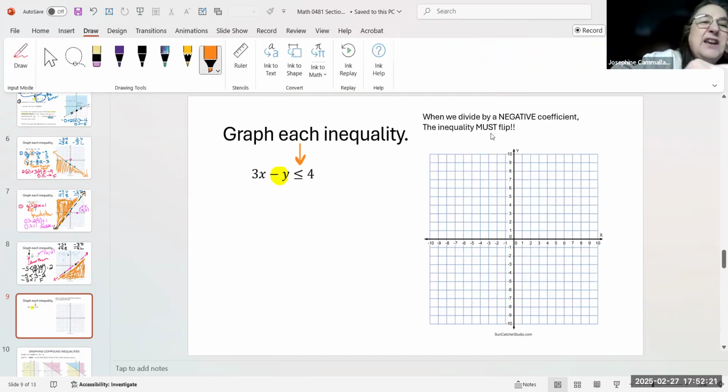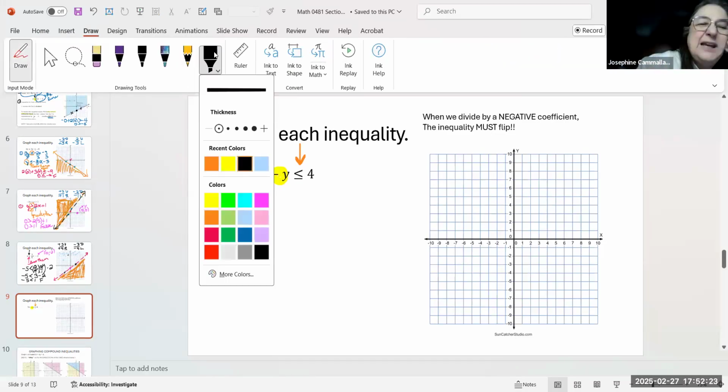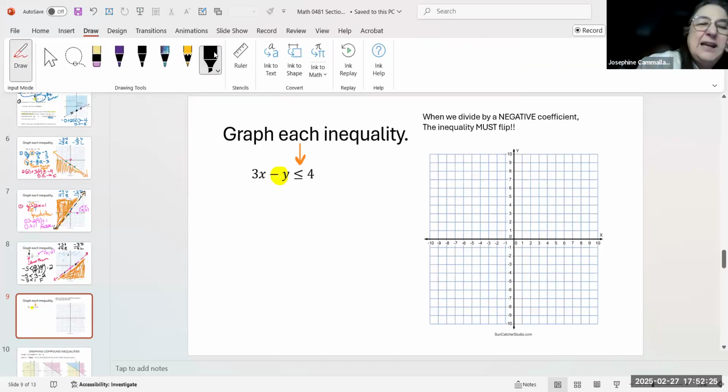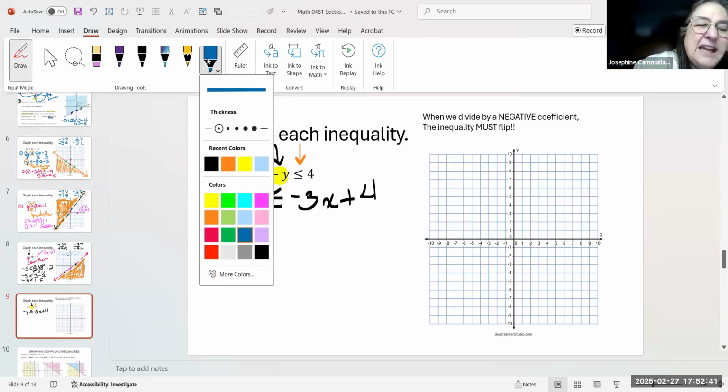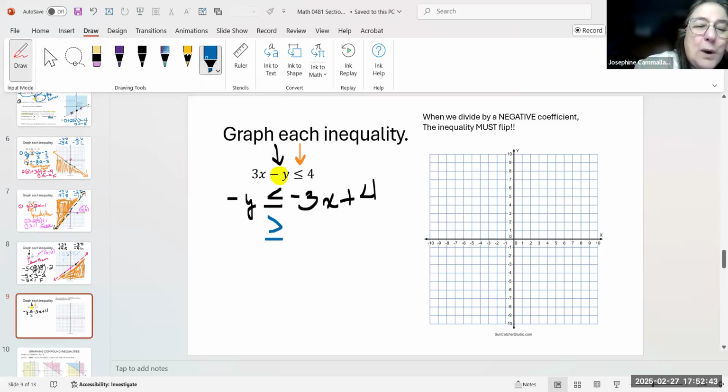Well, let's figure this out. This is giving me a negative y less than or equal to negative 3x plus 4. But because this is negative, this has got to flip.